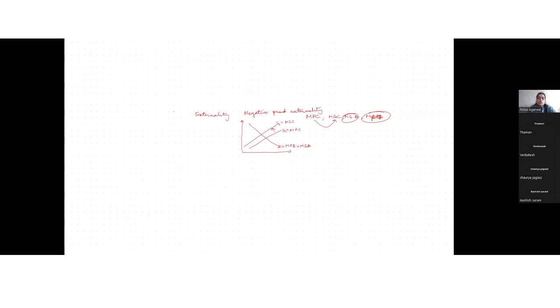So the equilibrium point where MSC equals MSB will be your P optimal, that is your optimal price, and this will be your Q optimal, while the earlier equilibrium is the price and quantity in the market. Wherever you find private, that is related to your market, and wherever you find social, that is related to your societal welfare.